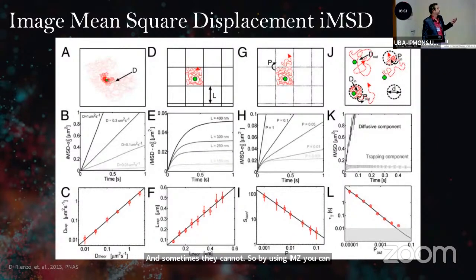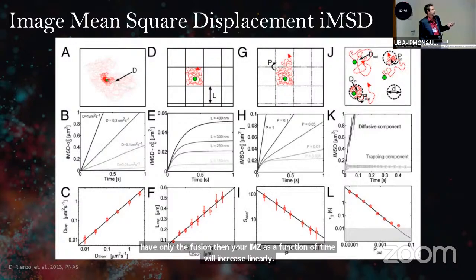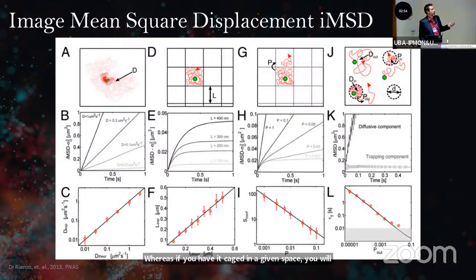If you have only diffusion, then your IMSD as a function of time will increase linearly, whereas if you have it caged in a given space, you will find the size of that space by looking at what point it plateaus and stays stable. If you have a jumping probability, then you will have a caging space, after which you have linear diffusion outside of that, and you can distinguish active transport or trapping using IMSD.